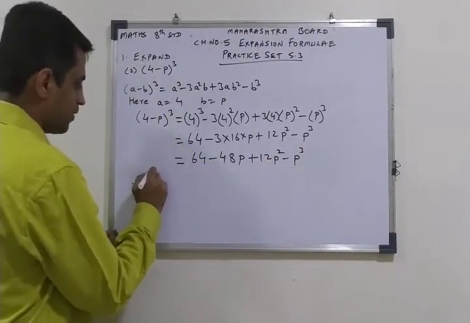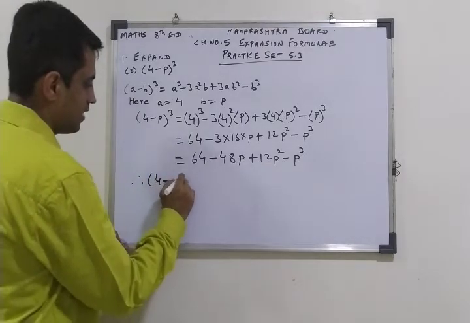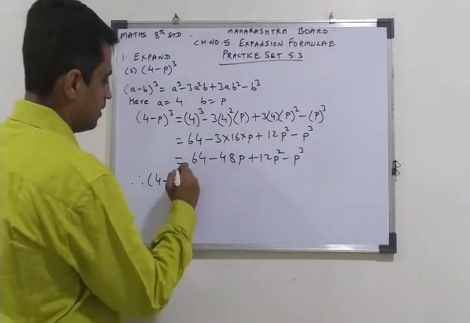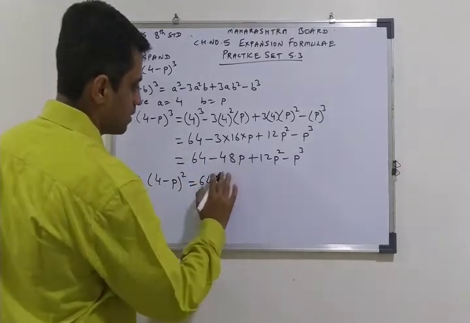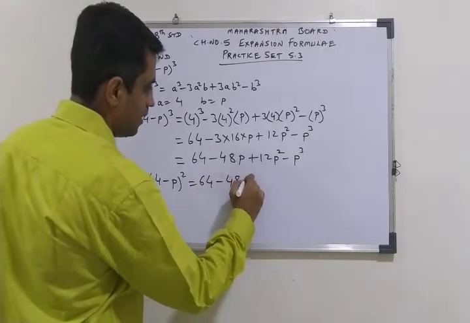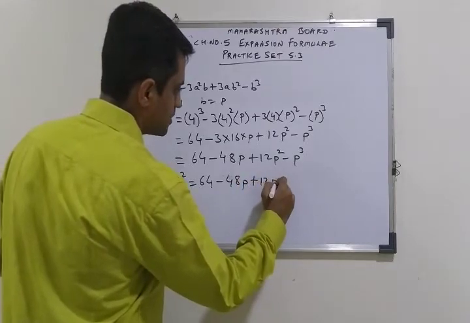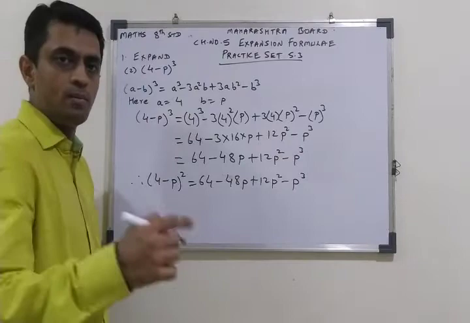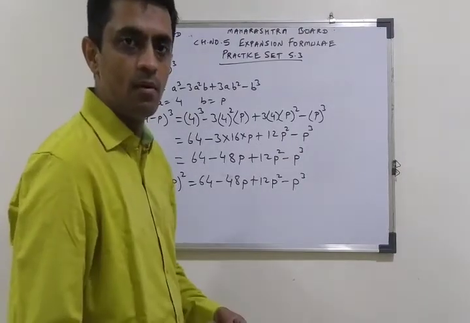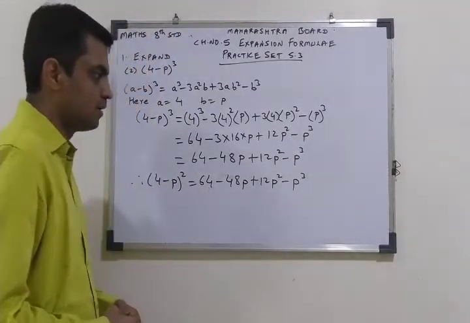Okay, at last we are going to write this final answer. Therefore 4 minus p the whole cube is equal to 64 minus 48p plus 12p square minus p cube. So please copy down this sum, what is written on the board.